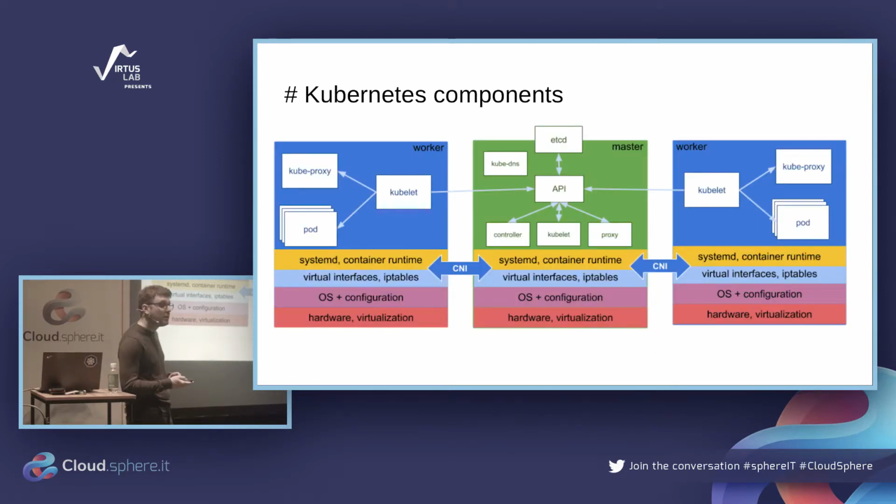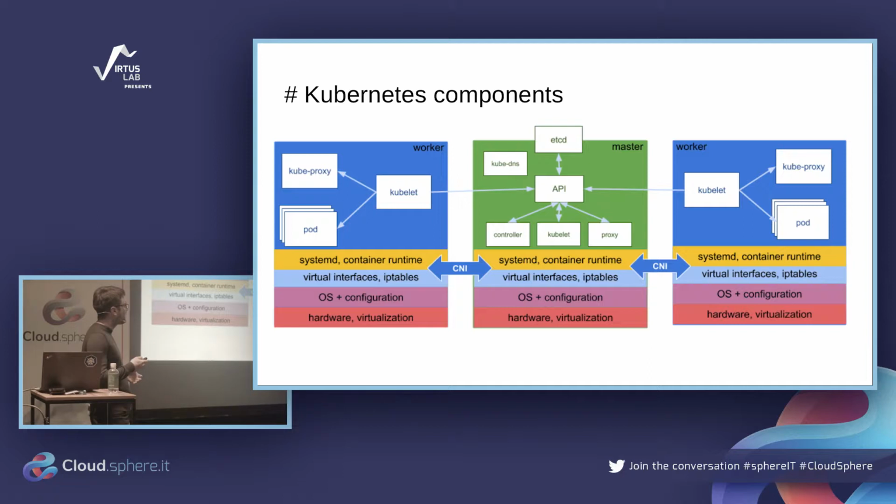Before we start digging into the actual bootstrap process, let's take a look at the Kubernetes components in order to understand what we are going to provision. So as you can see in this example, we have 2 workers and 1 master node. The API component is running on the master node, and it exposes the Kubernetes API for every authenticated and authorized user or service in order to create Kubernetes objects, which are stored in etcd, which is a key value data store.